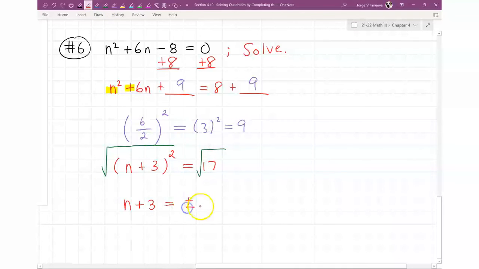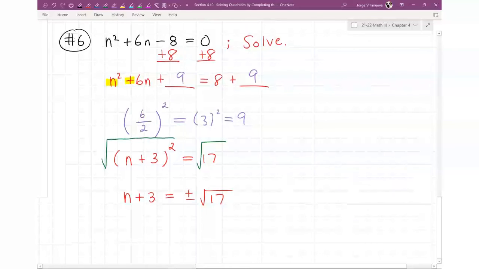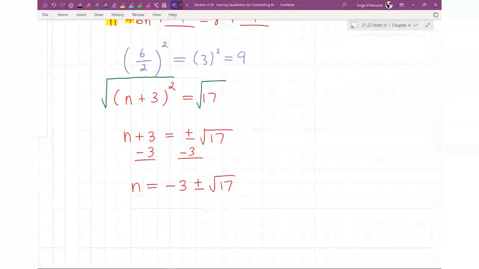So you're going to put plus or minus the square root of 17. The square root and the square will cancel out. They're going to disappear. Okay? What's my last step to solve? All right, let's subtract 3 on both sides, and then we're done. So negative 3 plus or minus the square root of 17. This will be your answer to your problem.